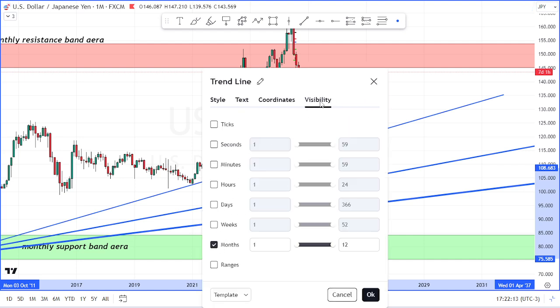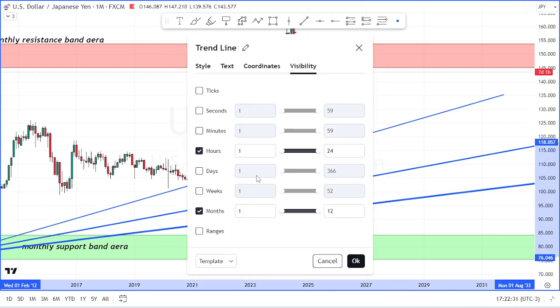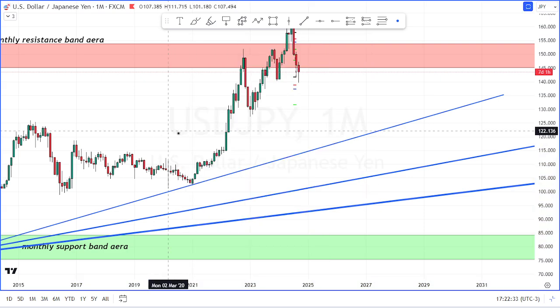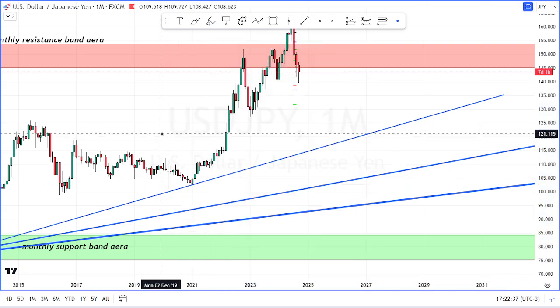I am unchecking all of the other time frames because this is the monthly time frame. I just want these particular trend lines on the monthly. If I go to the weekly, we are not going to see all of these trend lines, so I'm just unchecking the rest and letting these trend lines be on the monthly.